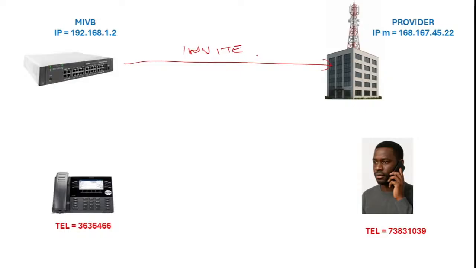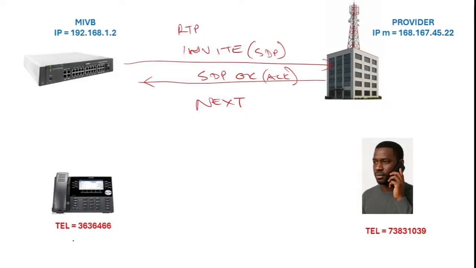There is an invite with SDP in it, and eventually the provider has responded with also an SDP OK, which is an acknowledgement. And then the next step is that the information that was contained here said RTP, the IP address of 192.168.1.11. We said it shows port 50511.